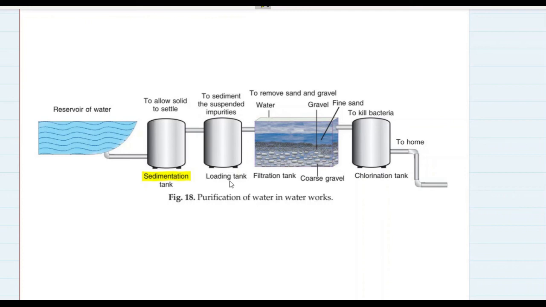And the chlorine, being a disinfectant, kills the bacteria or germs, and from the chlorination tank the water is supplied to your home. So this is done by our local municipal corporation.